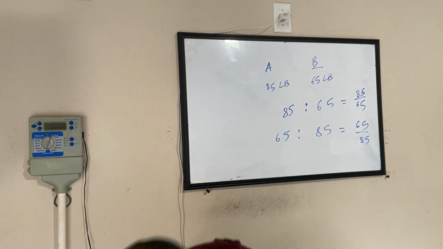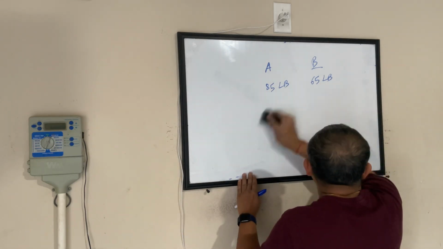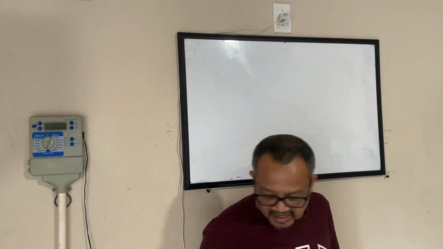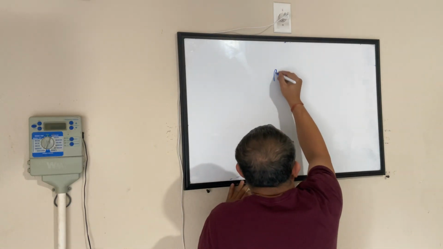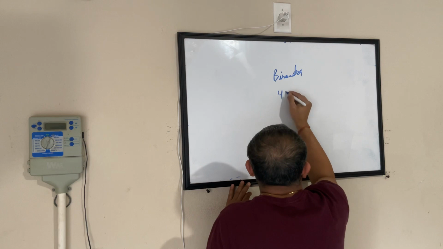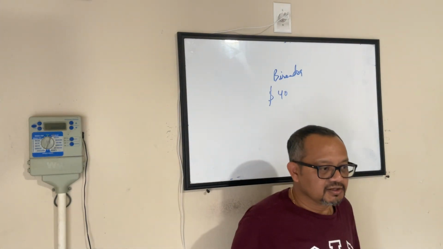Now, the next thing is, if we have two values, two numbers, and we have to find out the percentage. Say Mr. Birendra Kumar bought a shoe for $40. Very low quality shoe, okay?